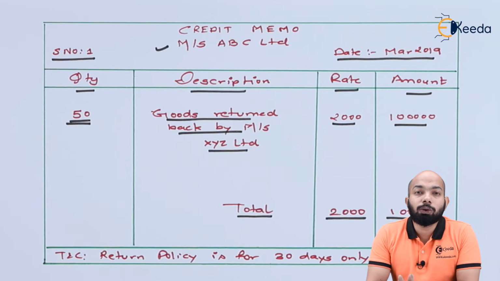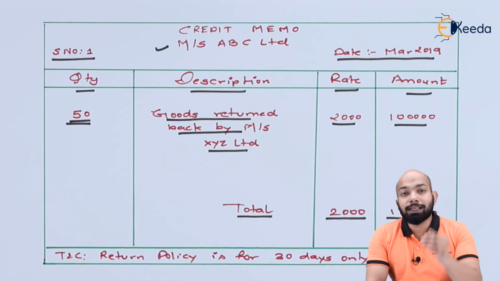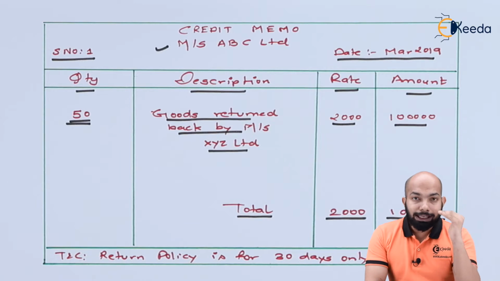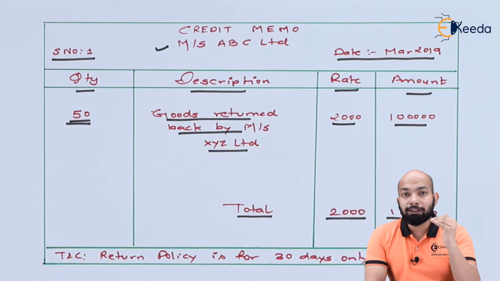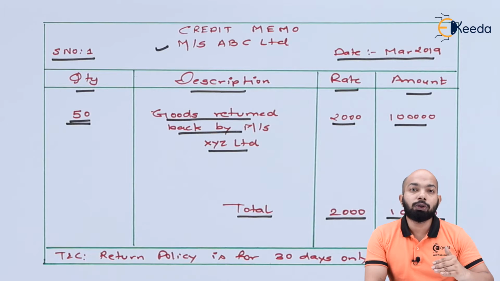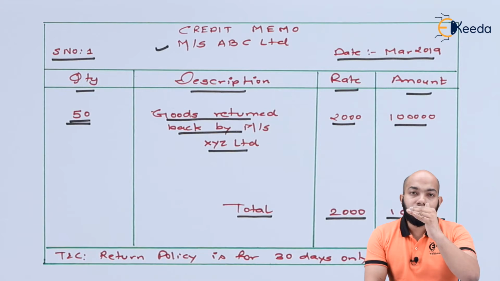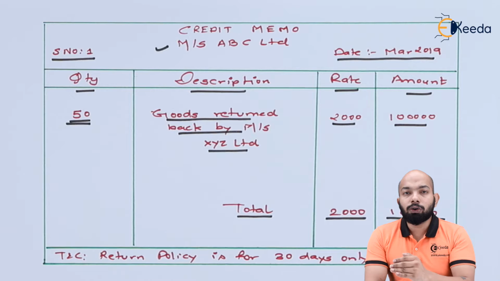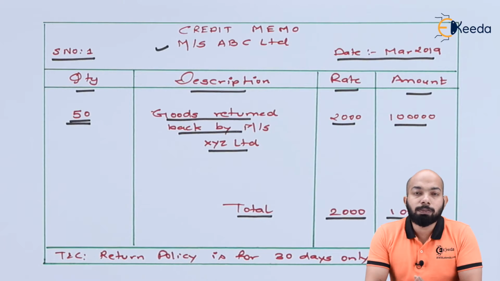However, he has a credit note of 1 lakh, and hence this can be further utilized, so the payment is supposed to be received from the customer only for rupees 1 lakh. Hence, as we said, there is a reduction in the value of sales receivables or accounts receivables. Hence 2 lakhs went down to 1 lakh, and similarly for the buyer, payments of rupees 2 lakhs went down to 1 lakh. This is how a credit memo is prepared.